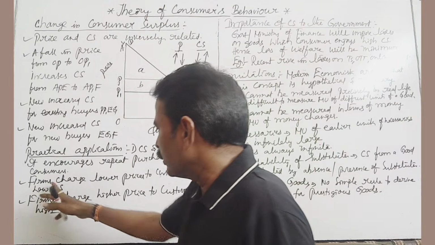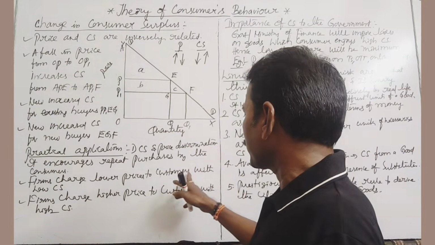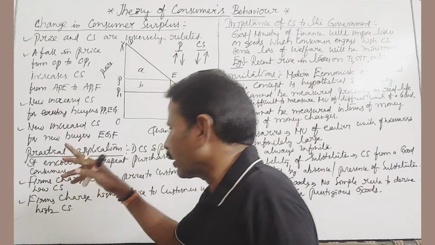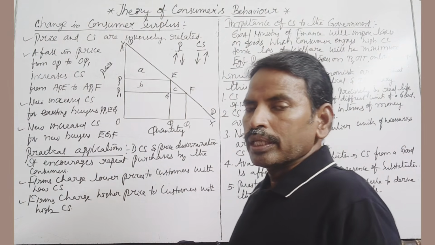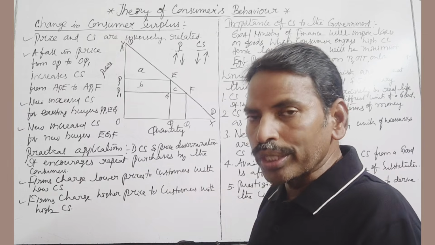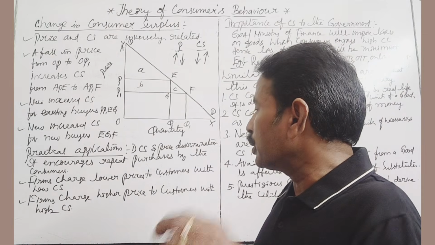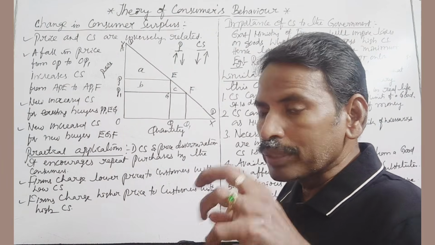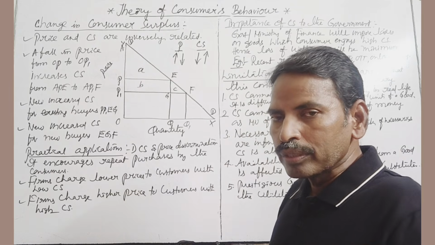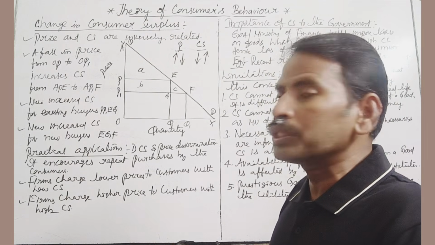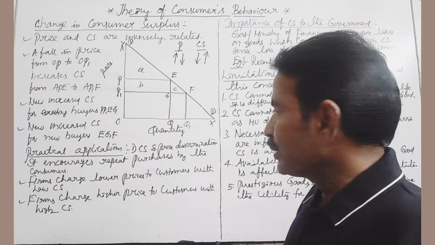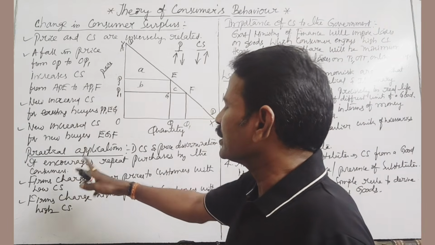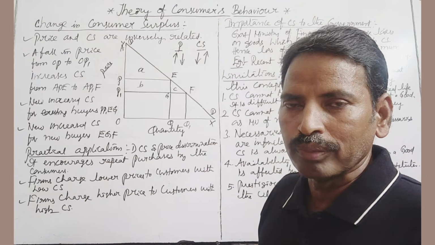Then firms charge lower prices to customers with lower consumer surplus. If the consumer surplus is lower, firms charge a lower price. If the consumer surplus is high, firms charge a higher price to customers. This is the practical application.